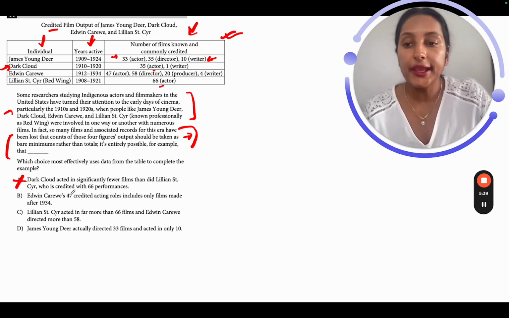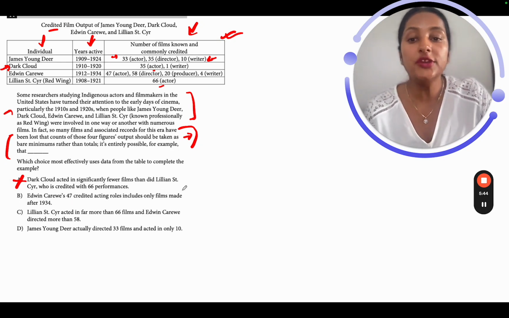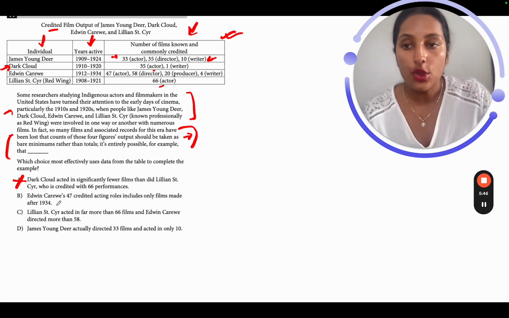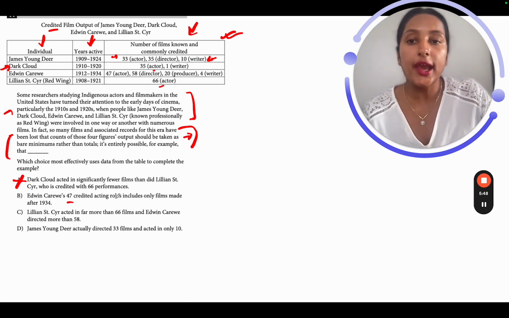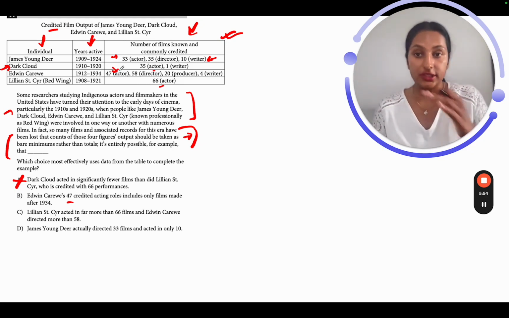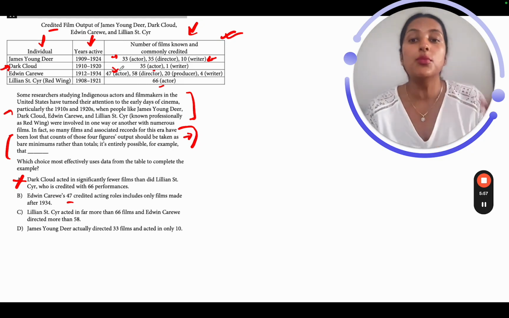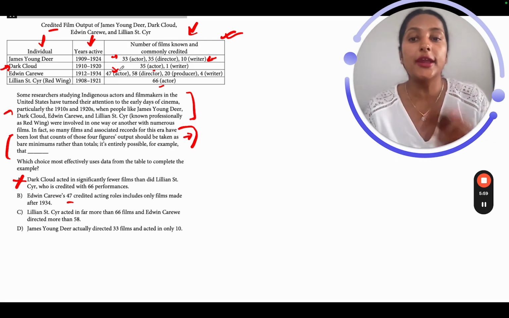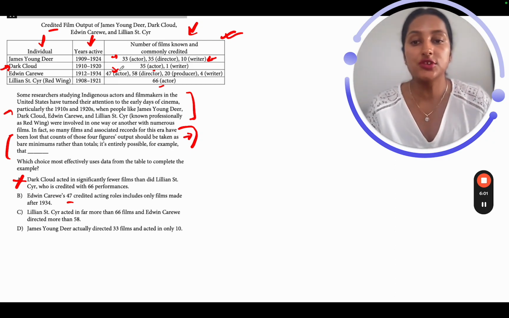Now B says Edwin's 47 credited acting roles includes only films made after 1934. Okay, so 47 credited acting roles. Edwin. Okay, yeah, great, he worked on 47 and more films. As per the text, I know 47 and more. I have to prove 47 and more, not just the 47 films that he was credited for.